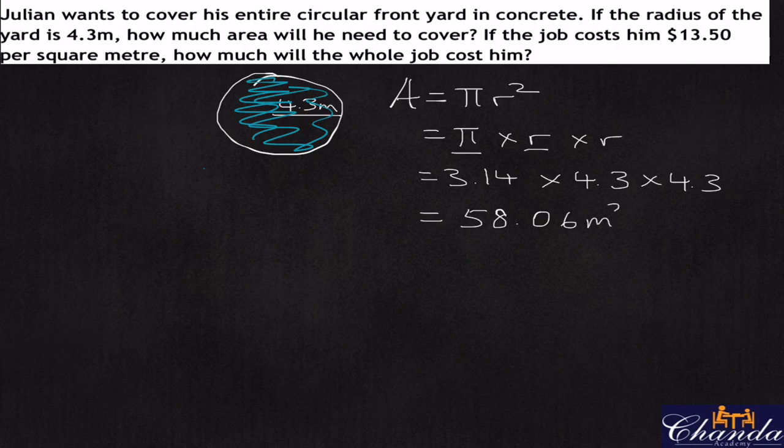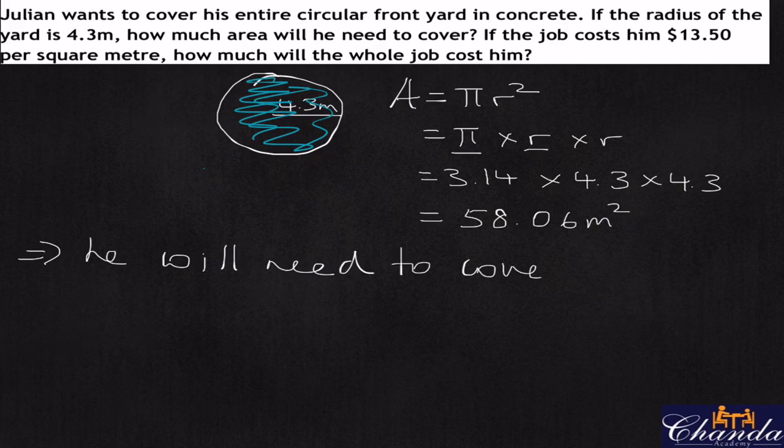Now it says if the job costs him $13.50 per square meter, how much will the whole job cost him? So if 1 square meter is $13.50, then 58.06 is simply 13.50 times 58.06. Now, if I was to put this straight into the calculator, I would get an answer of $783.81.